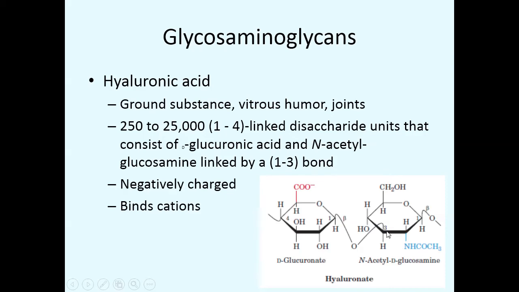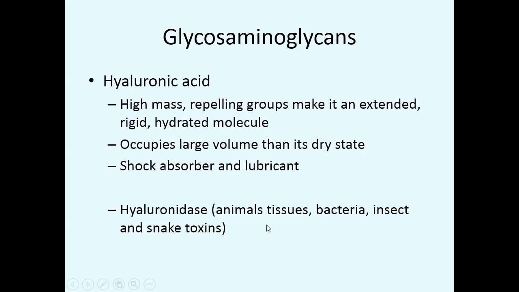Hyaluronic acid contains many negative charges because of the presence of carboxylate groups. Also, it contains many polar hydroxyl groups. Because of these polar groups, they are highly solvated and are bound by many water molecules.